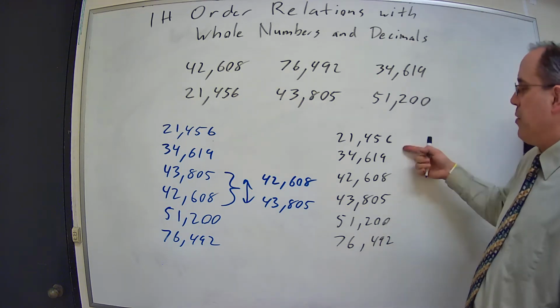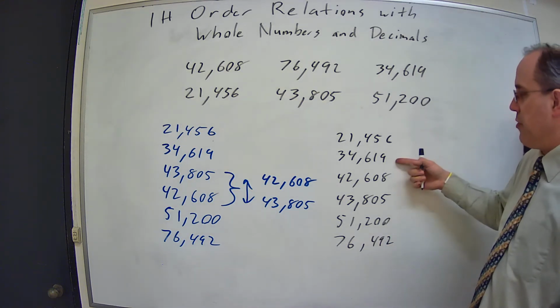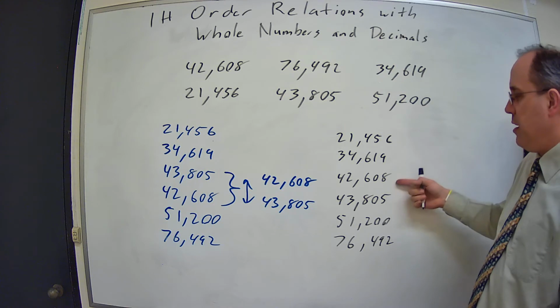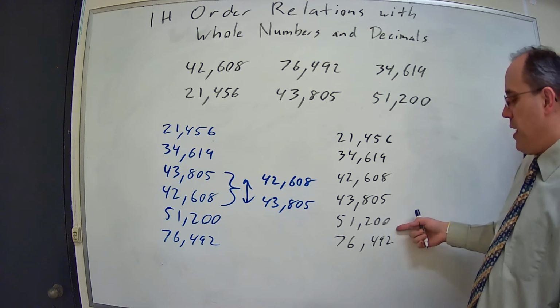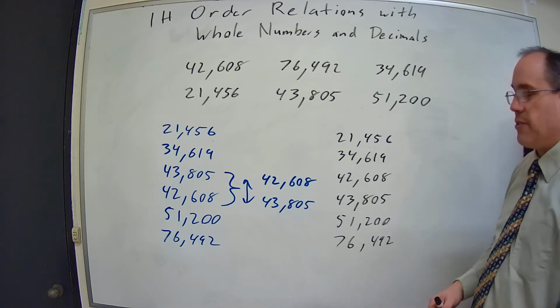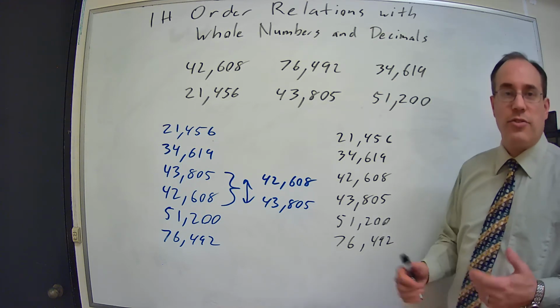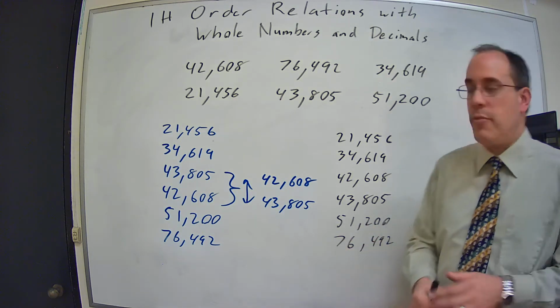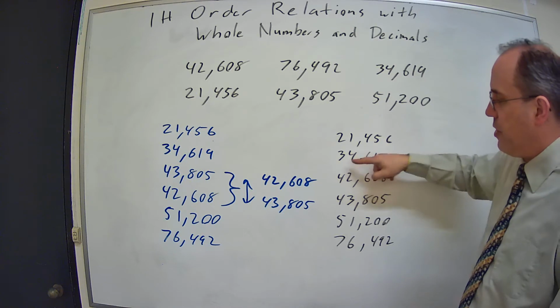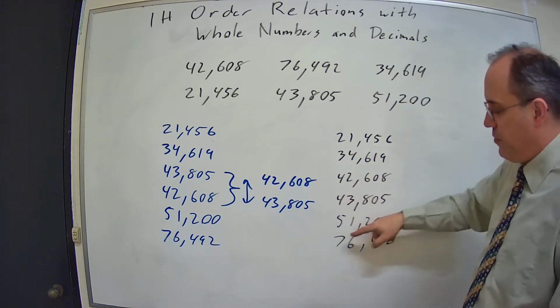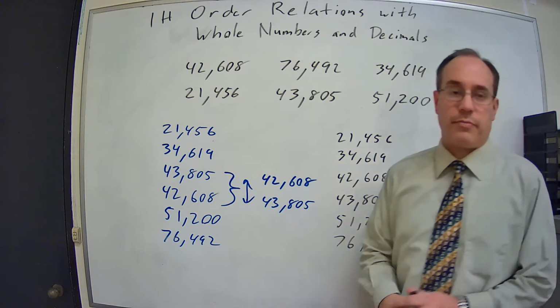So I now have 21,456, 34,619, 42,608, 43,805, 51,200, 76,492. So I was able to put those numbers in order. We see that those are increasing: 21, 34, 42, 43, 51, 76.